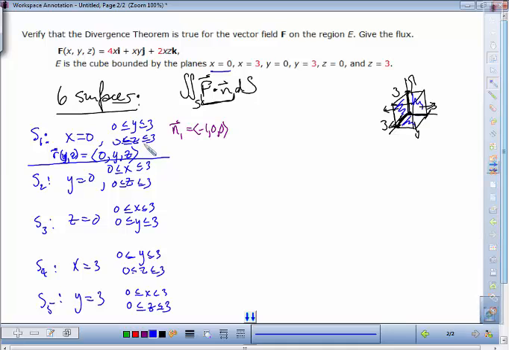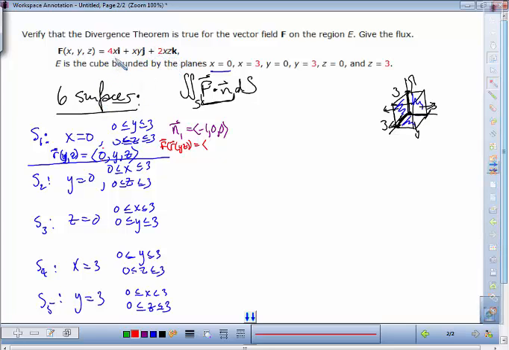Anyways, if I put this into the vector field, the x is equal to 0, so anytime there's an x, I would put 0 in, because that's what my parameterization says, and then y is y, z is z.